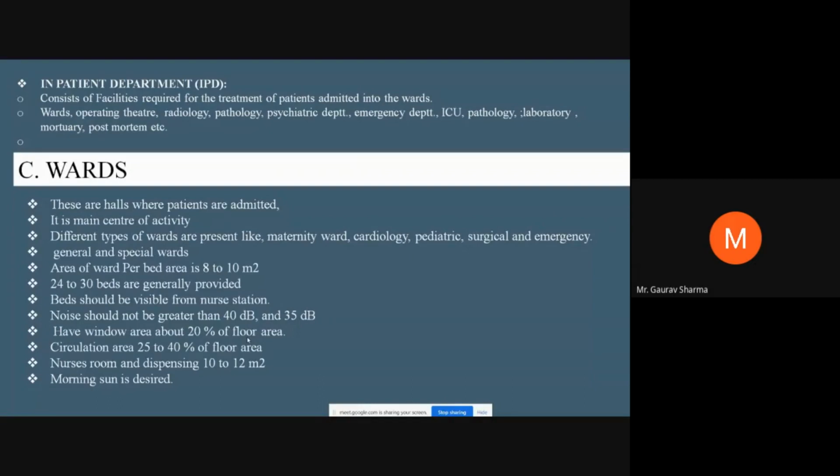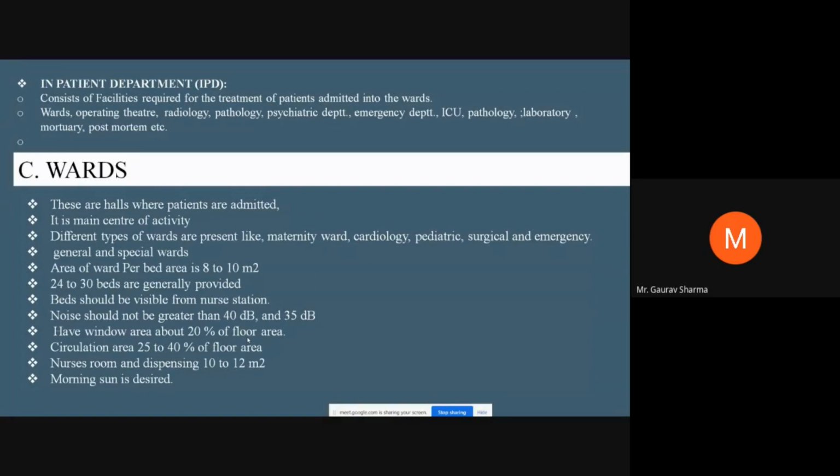Inpatients are the patients that are admitted by the hospital staff, and they are living within the hospital. It consists of facilities required for the treatment of patients that are admitted into the wards.